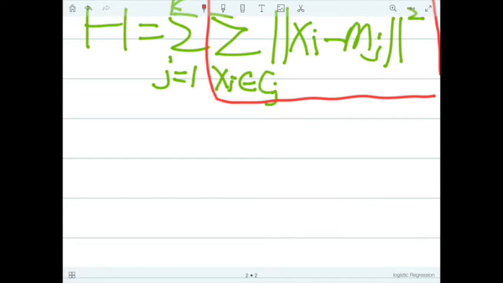The algorithm is very easy to implement because it just includes two steps. But before talking about these two steps, let's just focus on one cluster. So given a cluster of data, how do we calculate the prototype for that cluster?